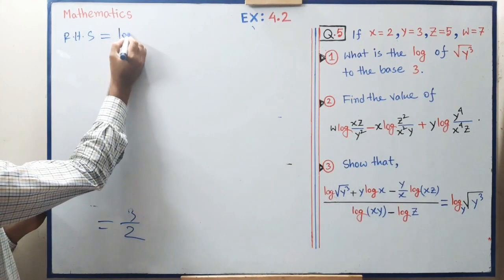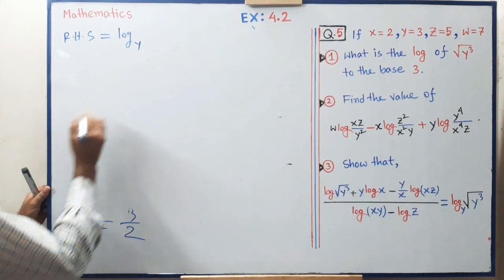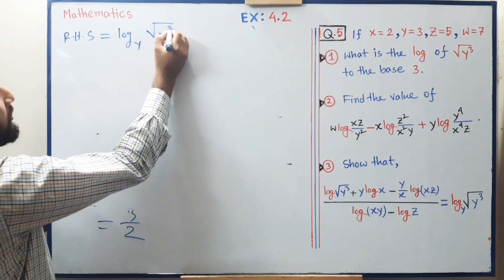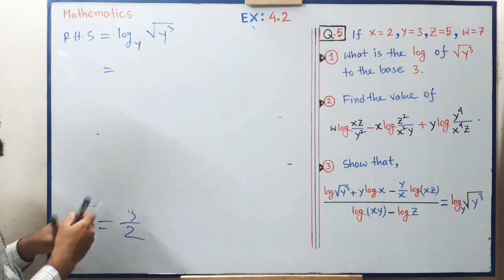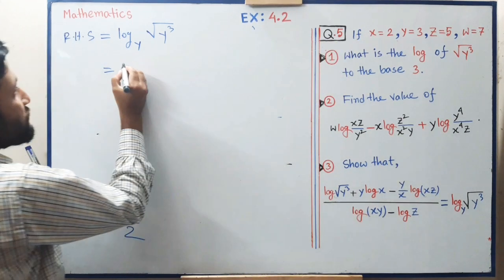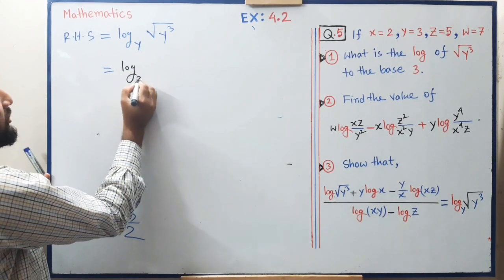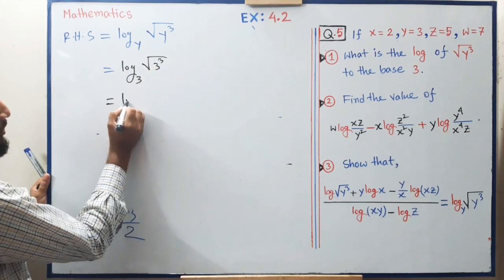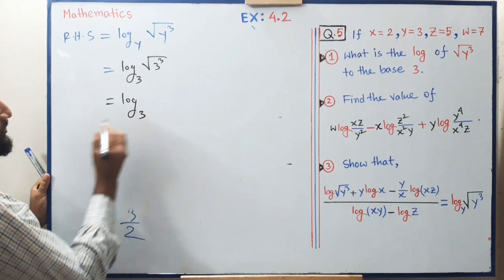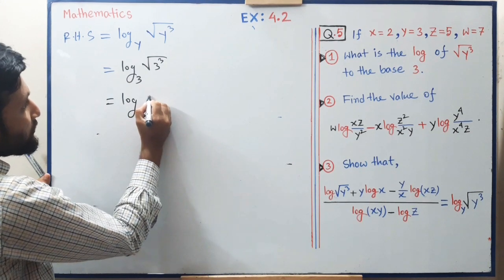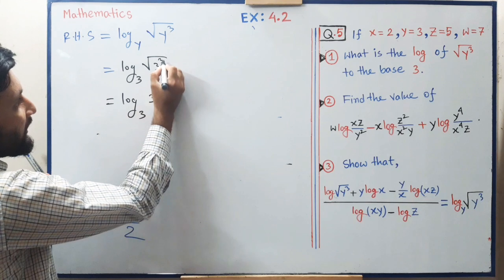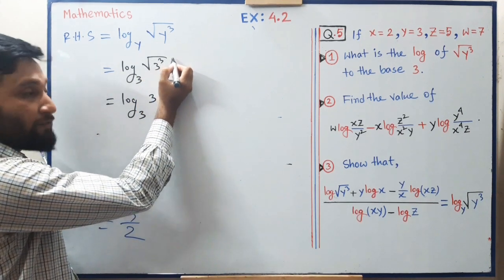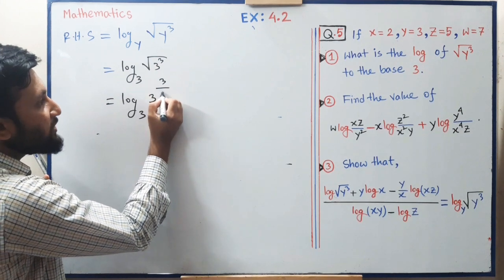We know the value of y is 3, so we can write log base 3 of 3 cube, that means 3 to the power 3 into half. We know root means power of half, so we can directly write 3/2.